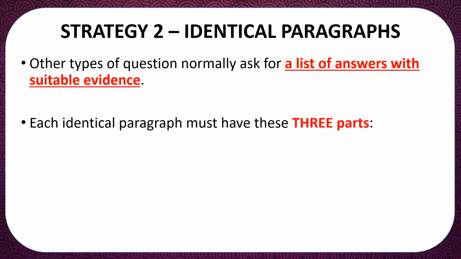Okay, so each identical paragraph must have these 3 parts. Because remember a list of answers? So answer A, answer B, and answer C, if you give 3, or at least you give 2, A or B, then they must be identical. The way you answer is identical, not the answer. Obviously, your answer may be different, but the way you answer must be identical.